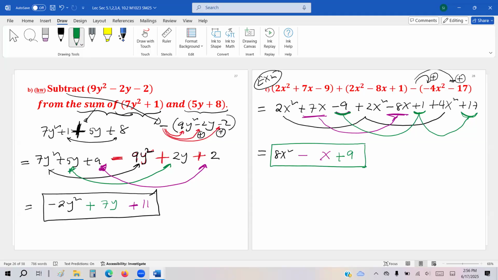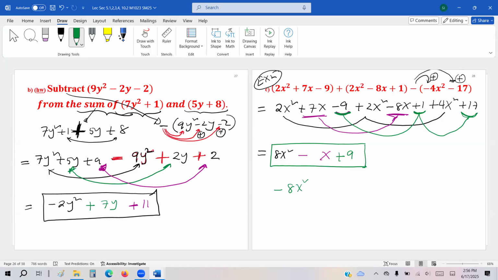So I just didn't combine the signs, so I have negative 8x squared. And then I combine the 7x and the 8x.